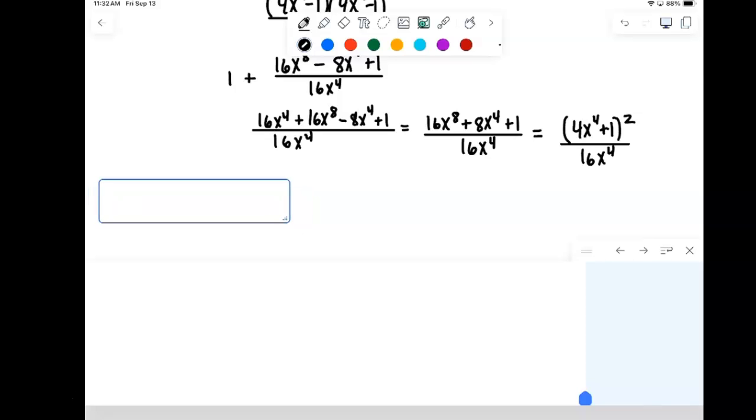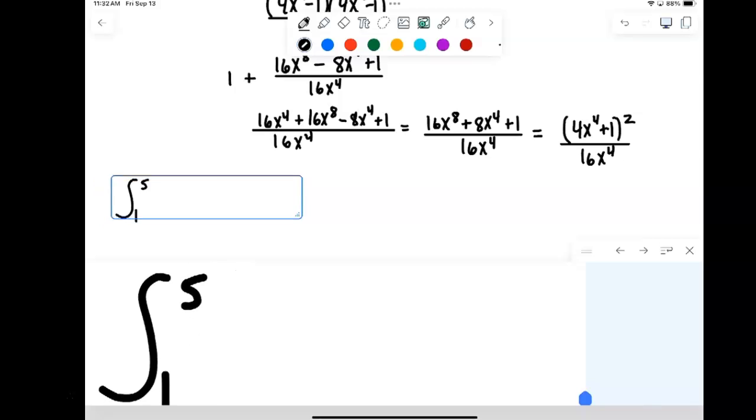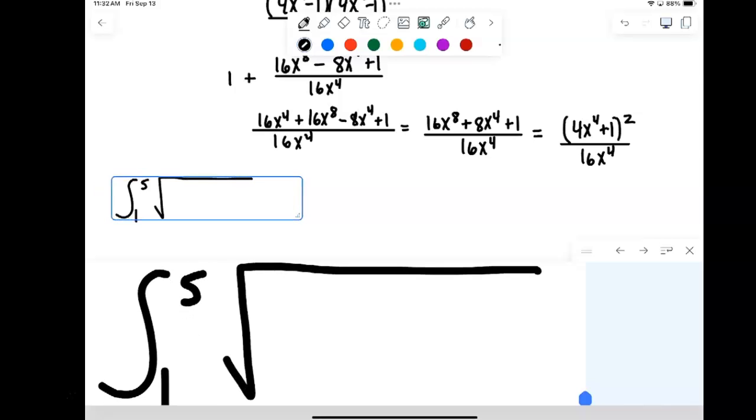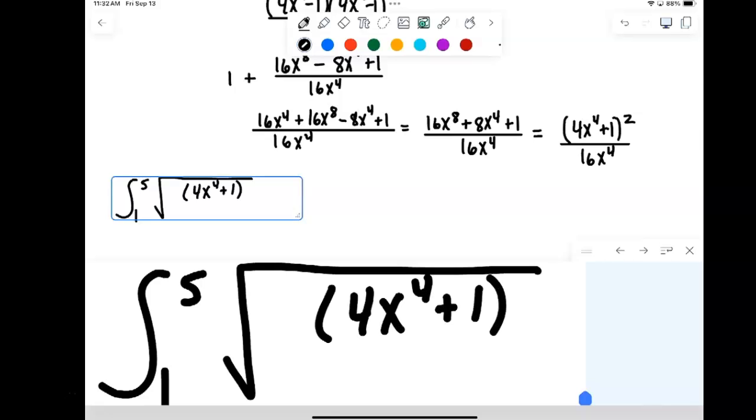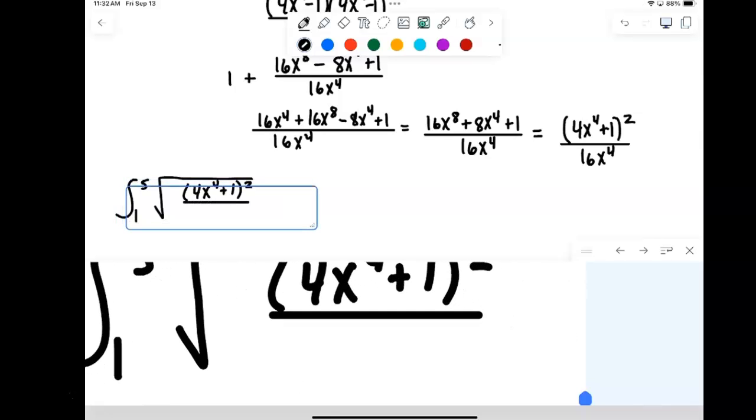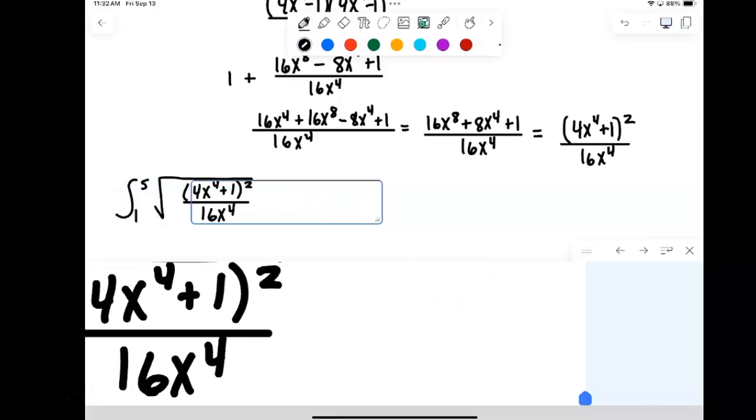Because now I go back and my integral is the integral from 1 to 5 of the square root of that stuff. So this is really the key in being able to do these: I can rewrite that as something I can then apply the square root to.